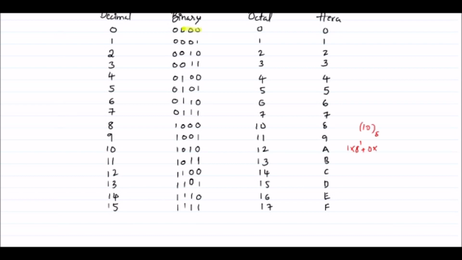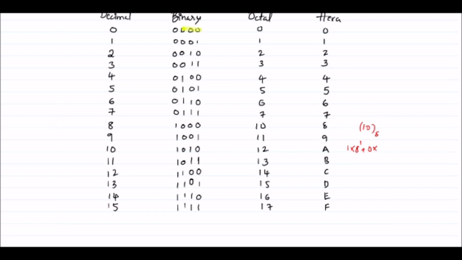So the decimal numbers are 0, 1, 2, 3, 4, 5, 6, 7, 8, 9, 10, 11, 12, 13, 14 and 15, and the binary values are their equivalent numbers.